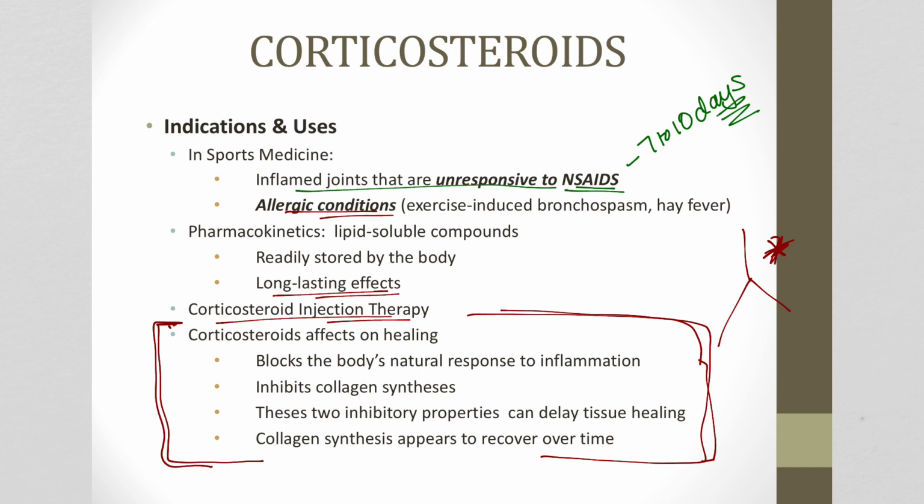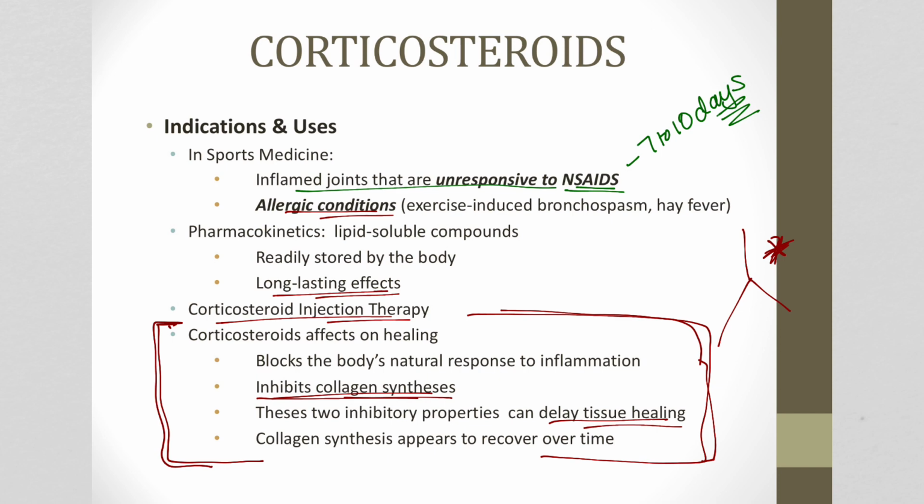Because of that, it's been linked to inhibition of collagen synthesis, because you delay fibroblast proliferation, which means you delay the laying down of new, strong, healthy tissue. That delays tissue healing and increases the risk for tendinous injury, because the tendon is going to be a lot weaker than if we hadn't taken that corticosteroid orally or injected it into that joint.